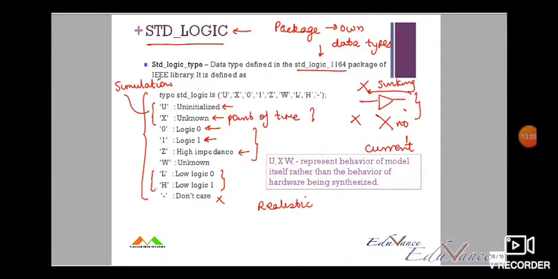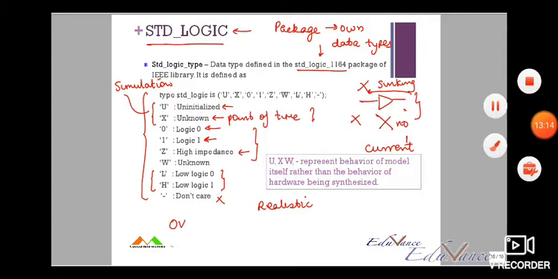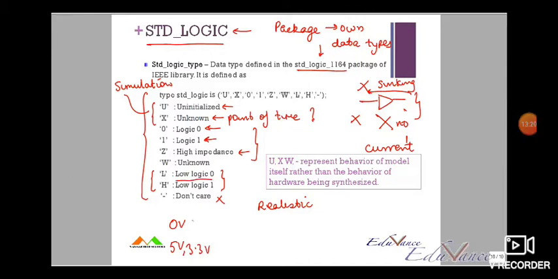Just want to quickly cover low logic 0 and low logic 1. A logic 0 means 0 volts. A logic 1 means high, for example 5 volts or maybe 3.3 volts. So a low logic 0 would mean something above 0 volts, so let's say 0.3 volts or 0.4 volts, not exactly 0 volts.